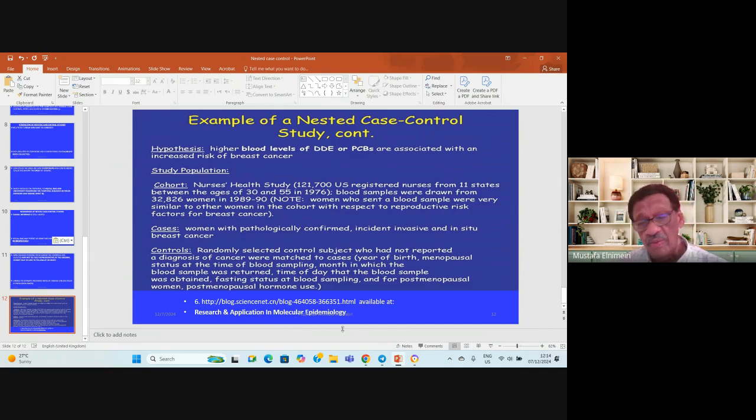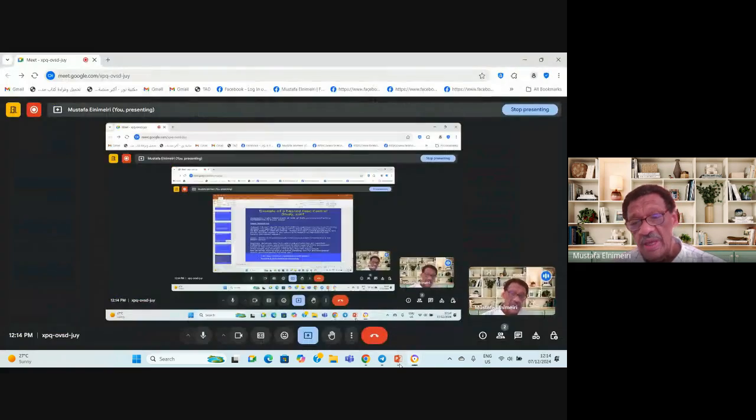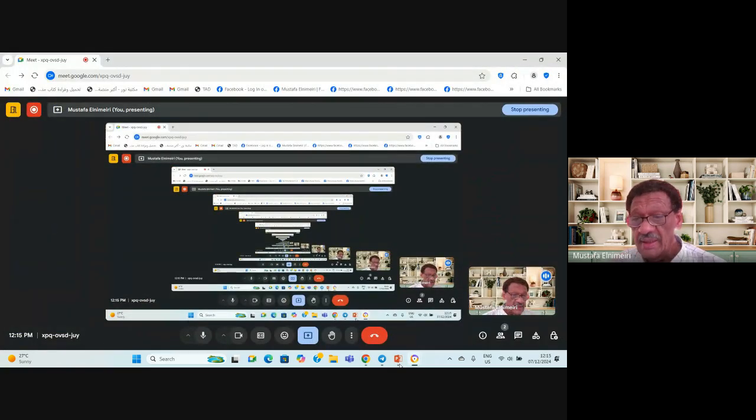And the overall concept is that we have the baseline data about the exposure for the whole original cohort members, and then we follow them after a period of time, and those who develop the disease are regarded as cases, and then we match them with the controls as usual, and we make some sort of comparison using a 2 by 2 table.